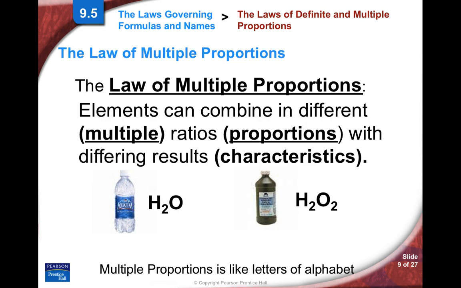There's an analogy of how the letters of the alphabet, there's only 26 of them, but there's thousands, probably millions of words. Same kind of thing with our 118 elements making thousands, millions of compounds.